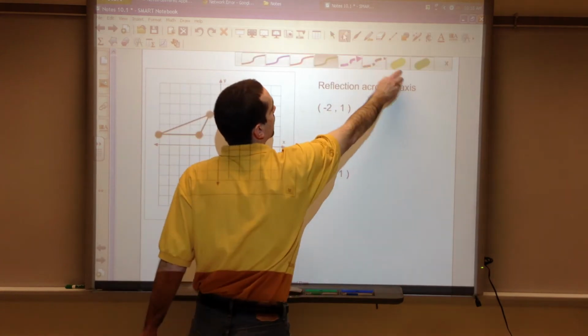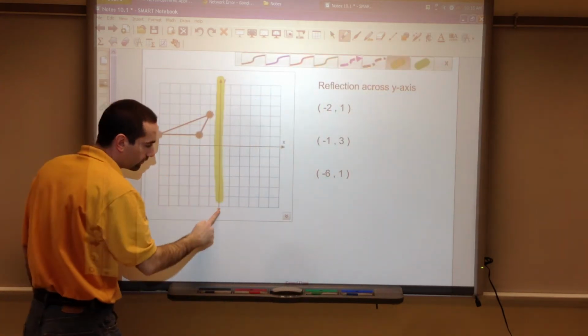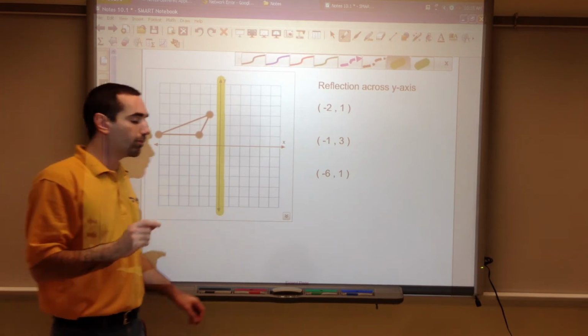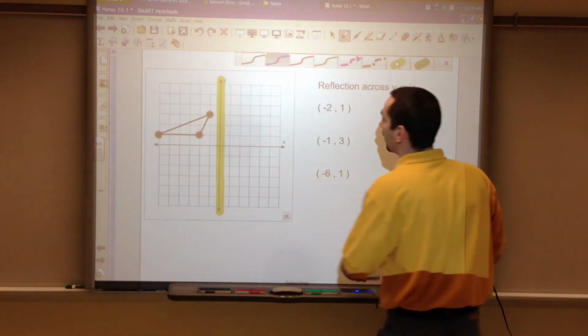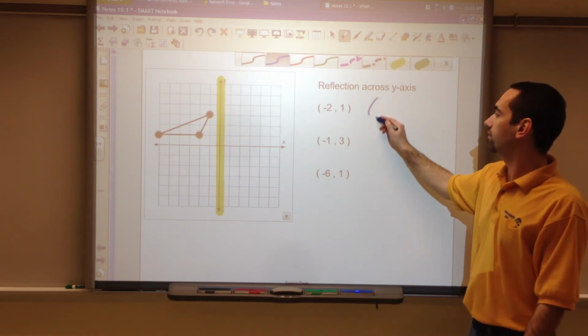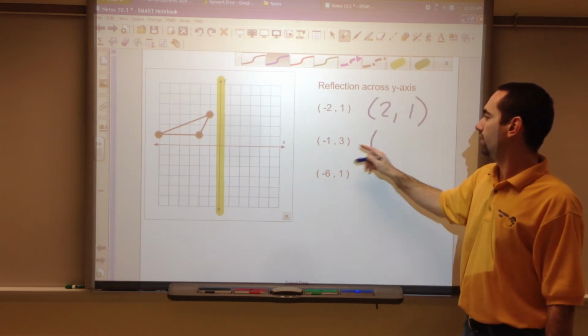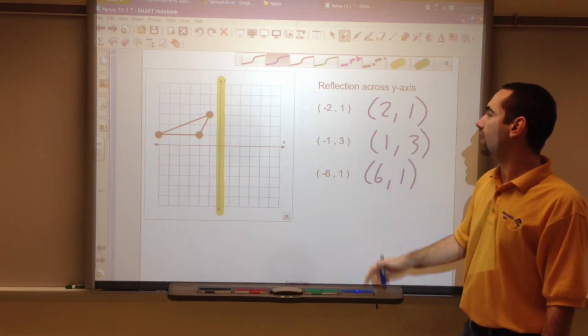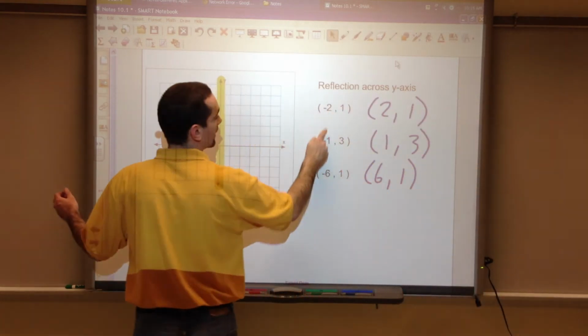Reflection across the y-axis. That's the y-axis. We change the signs of the x-coordinate. Notice how all my x-coordinates' signs changed.